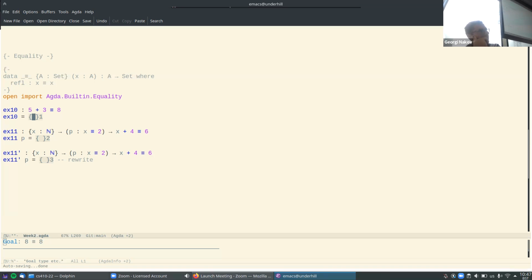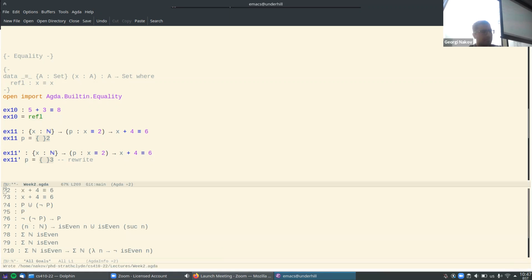But what we're saying is we accept as equals things which compute to be equal. So here we get the good side of that, because Agda will compute that 5 plus 3 normalizes to 8. So proving 5 plus 3 equals 8 reduces to proving 8 equals 8. So we're good to proceed with our reflexivity constructor. This one we win.